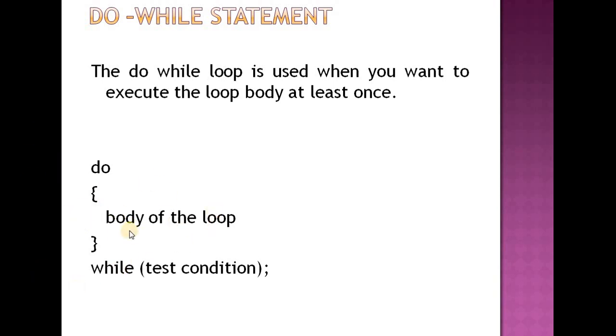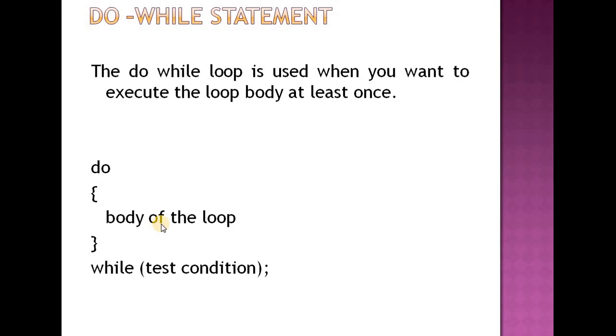So when we exit from the loop, the test condition will be evaluated over here. If this condition is true, the program continues to evaluate the body of the loop once again. So when this test condition is true, again the control will go back over here and the body of the loop will be executed.